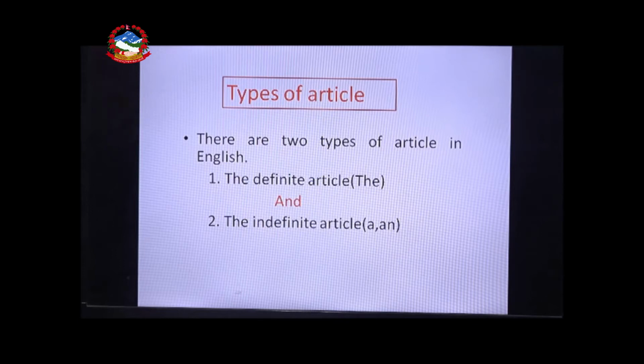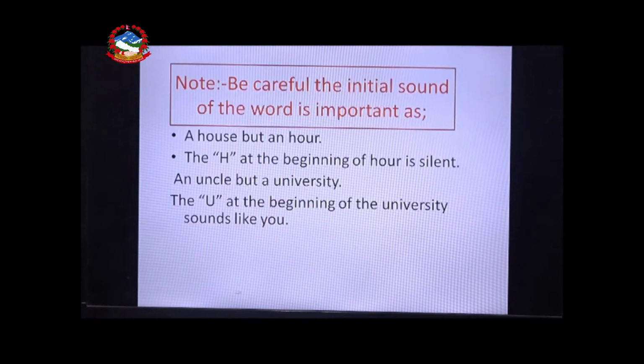The is the definite article. And the next one, the indefinite article, that is a and an. A and an are the indefinite articles, and the is the definite article.